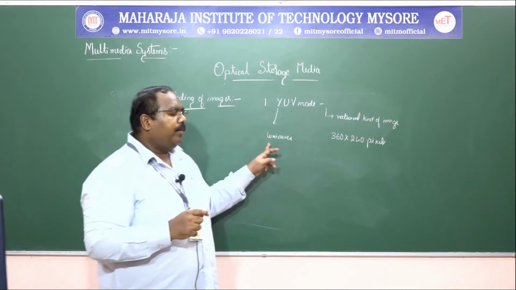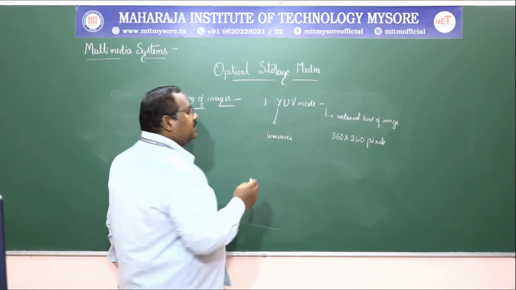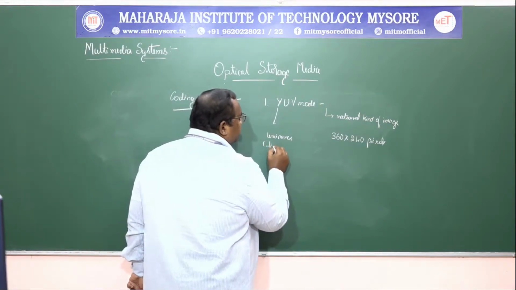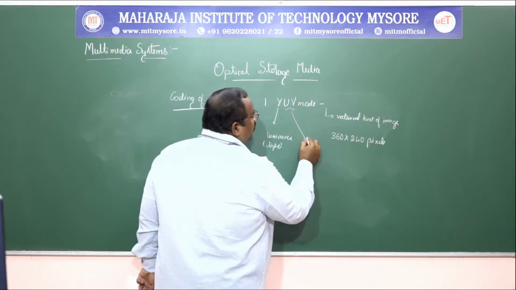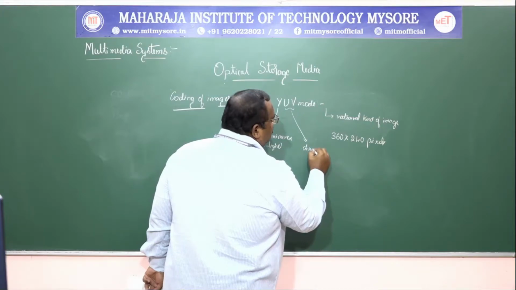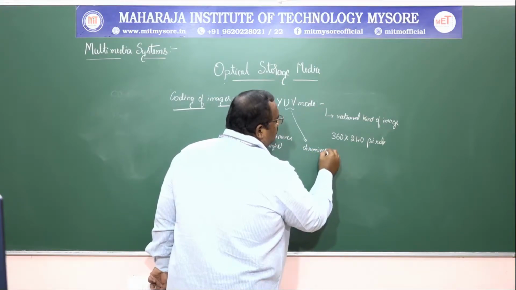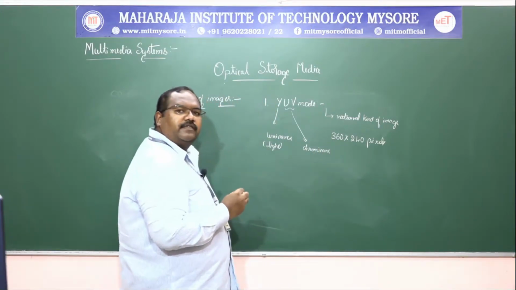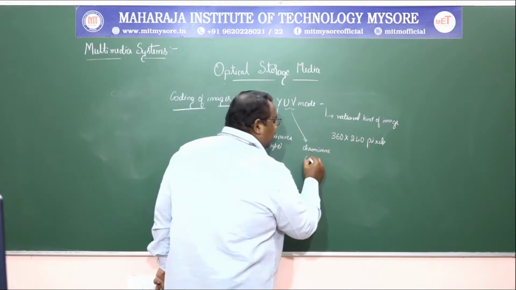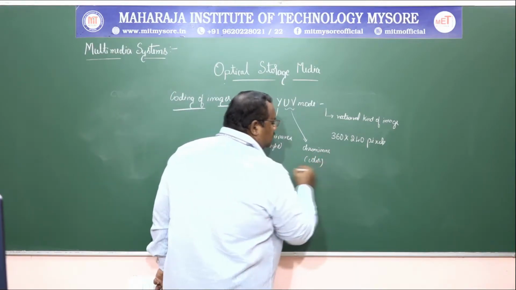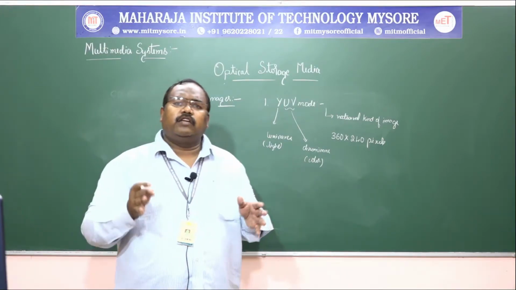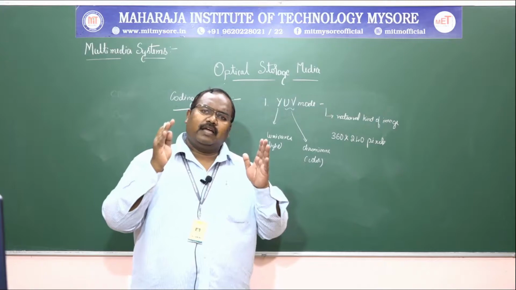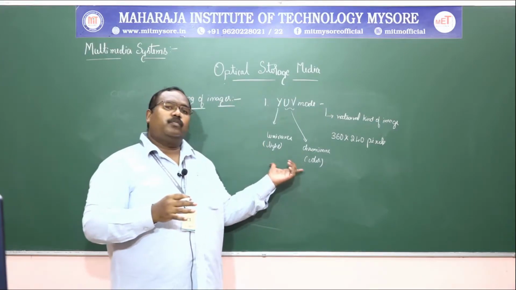Y is called luminance. What is luminance? It is nothing but light. UV is called chrominance. What do you mean by chrominance factor? It is nothing but color. So a totally beautified image, or a very good image, can be obtained based on these two parameters.